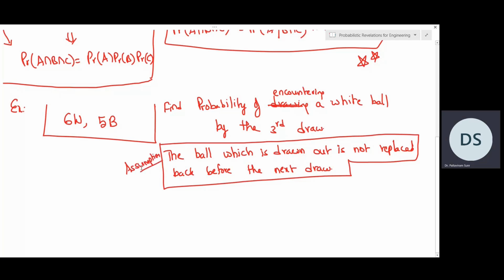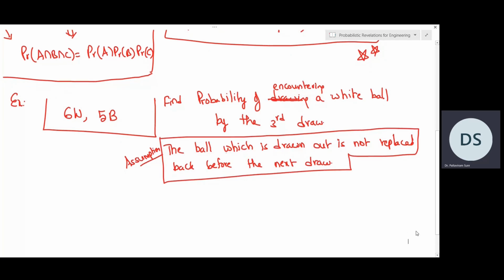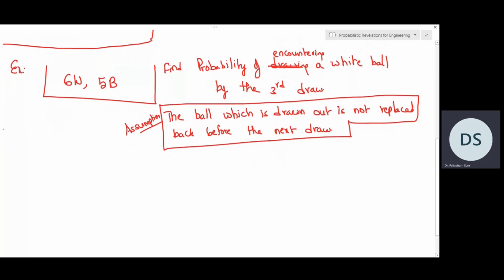So in this case, how do we find the probability of encountering a white ball by the third draw? So again, let us write what are the different situations in which we can get a white ball by this third draw. So first, maybe the first draw itself could have given us a white.